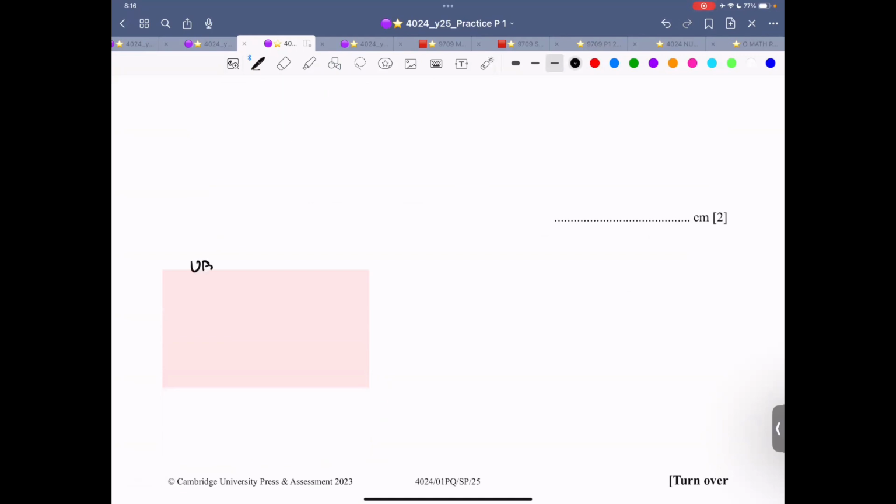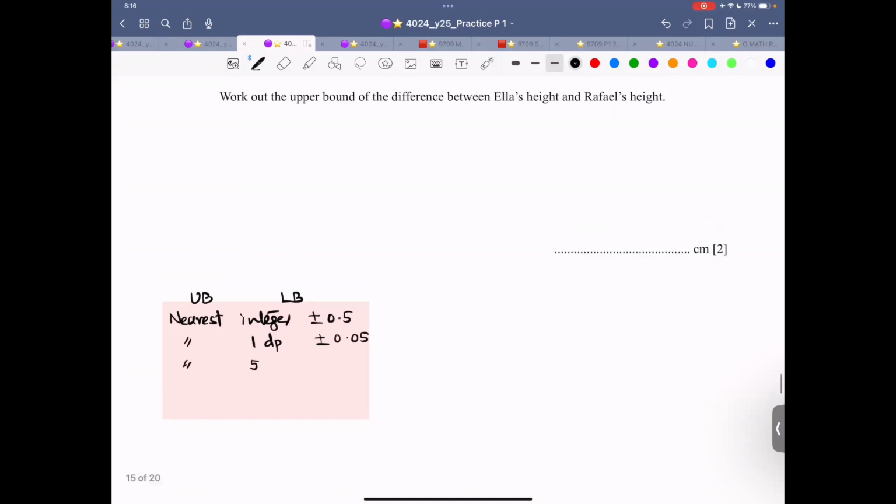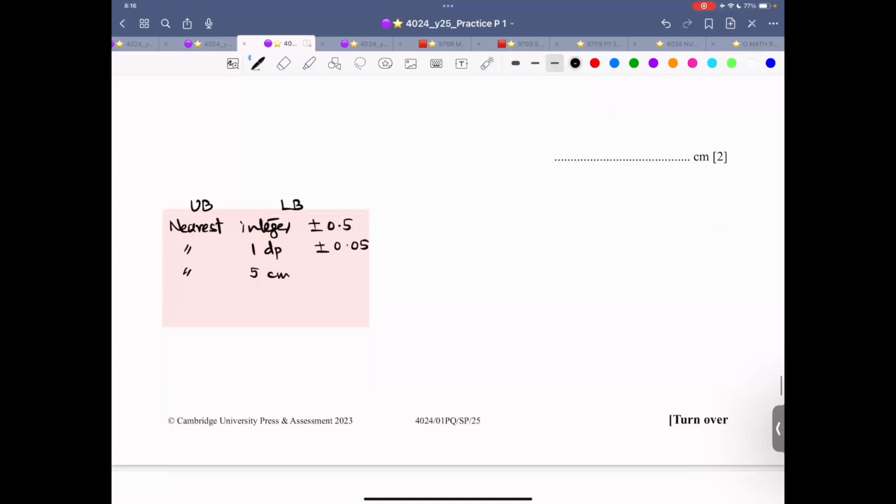When we round off to nearest integer, we add and subtract 0.5. When we round off to nearest 1 decimal place, we add and subtract 0.05. When we round off to the nearest 5 unit, let's say 5 centimeter, we add and subtract half of 5, which is 2.5. Keep that in mind.